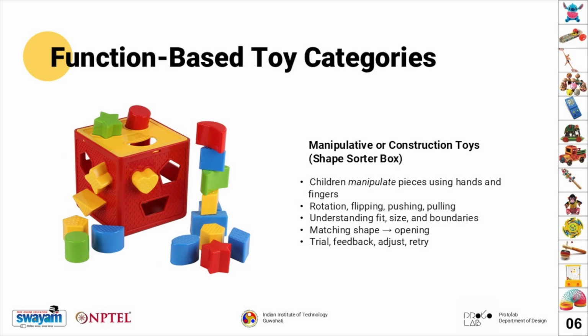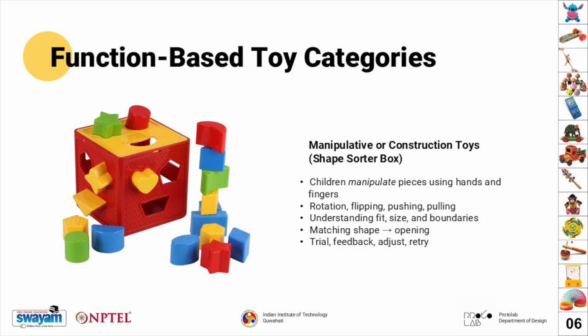A circle slides easily, but the star needs to be aligned. That spatial thinking, understanding size, edges, corners, and orientation, comes with every attempt, which gives immediate feedback.